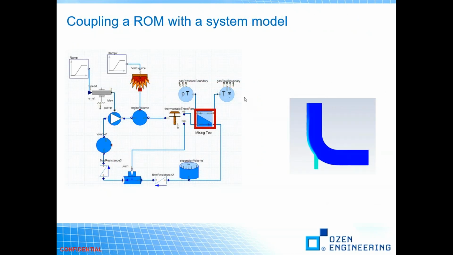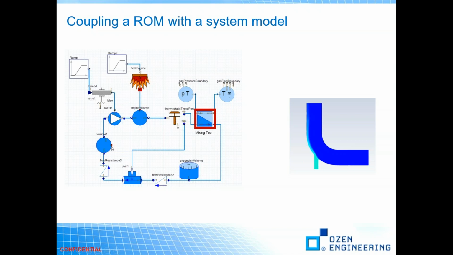So how to couple a ROM with a system model? As you can see, this is a mechanical system that has supports, loads, a thermostat, and a heat source. Right here in the middle, the mixing T is the ROM model that we imported, and you can hook it up with different components.